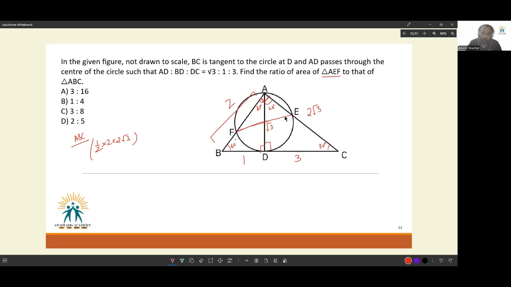So FE is also equal to root 3. Not just AD, FE is also equal to root 3. Does that in any way ensure anything for us? FE is root 3, AD is also root 3. Now, I'm trying to ascertain if AFE or AEF, I can get one of those angles, then my life will be simpler. 90. I need AE or AF, one of them measured.